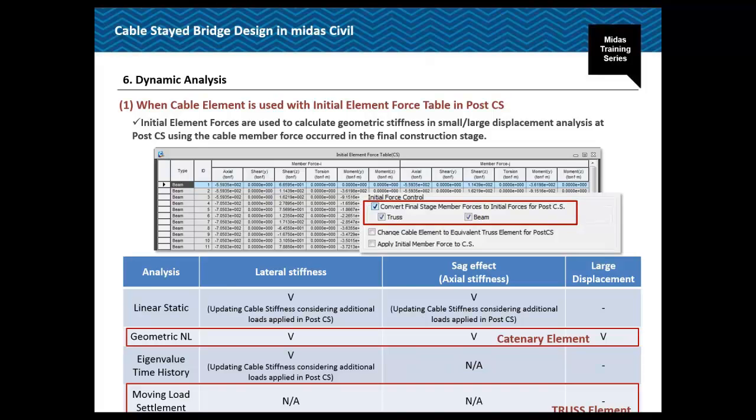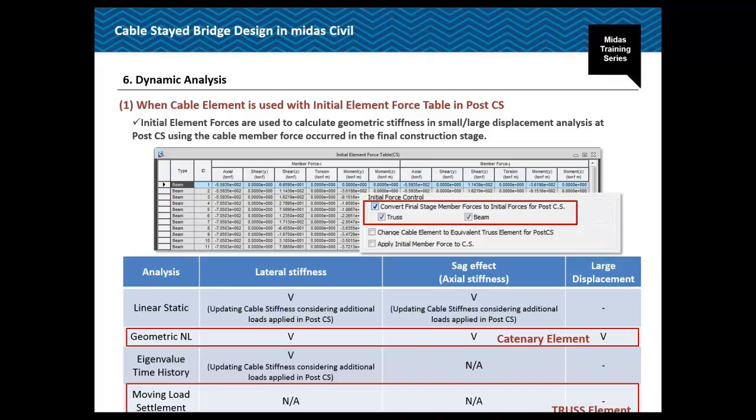But we want to consider the cable stiffness which has been found from the construction stage analysis. We do not want to start from the beginning in the post-CS, or consider a totally different stiffness for the cables between the construction stage and the post-construction stage.